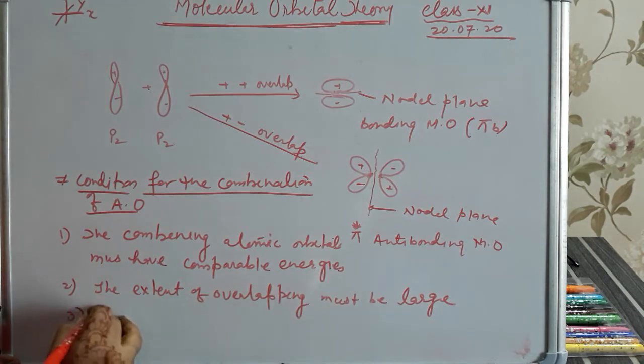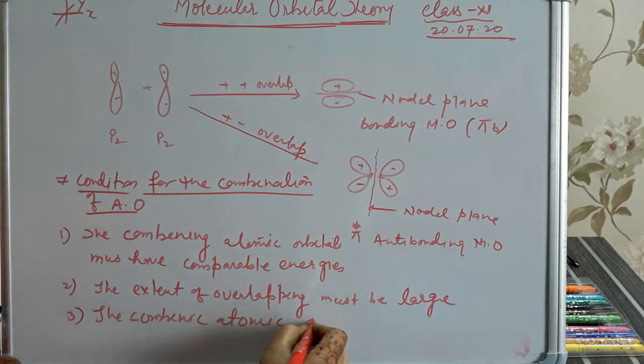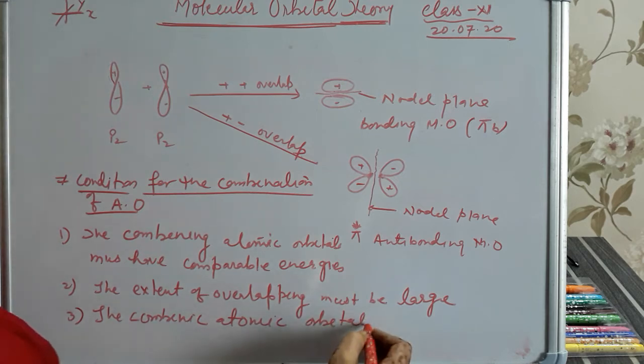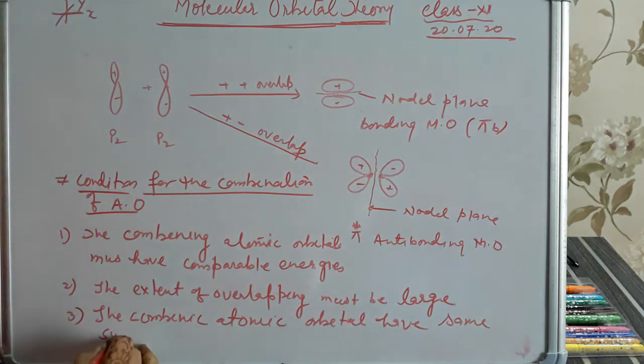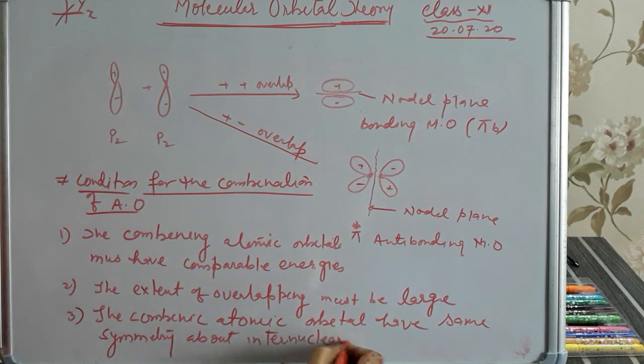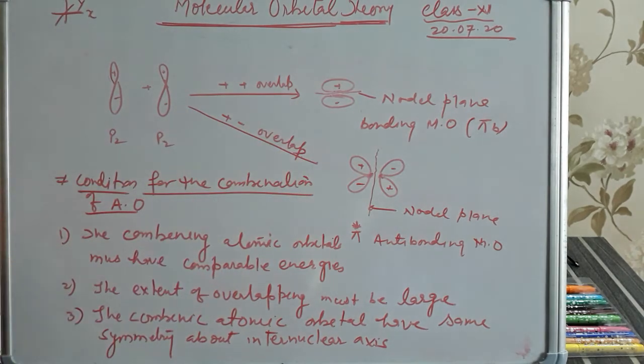And third one, the combining atomic orbitals have same symmetry about the internuclear axis. These are the conditions for the combination of atomic orbitals, so that the formation of molecular orbital takes place.